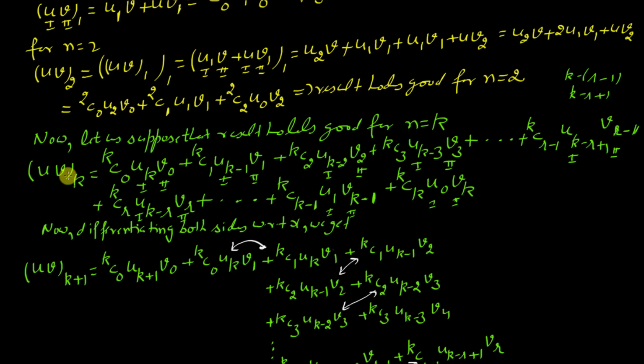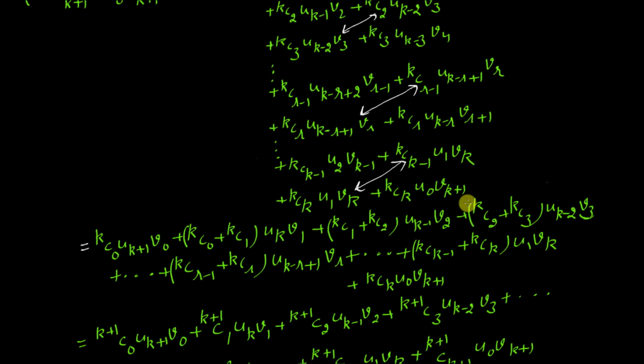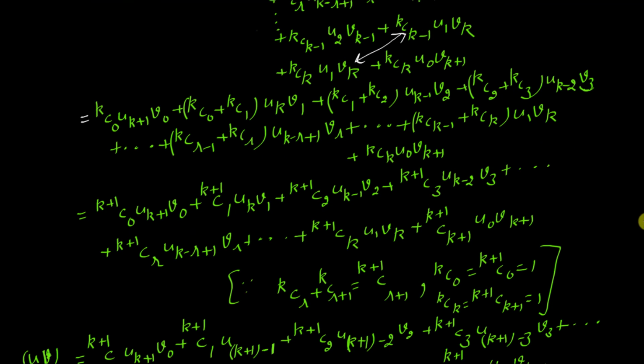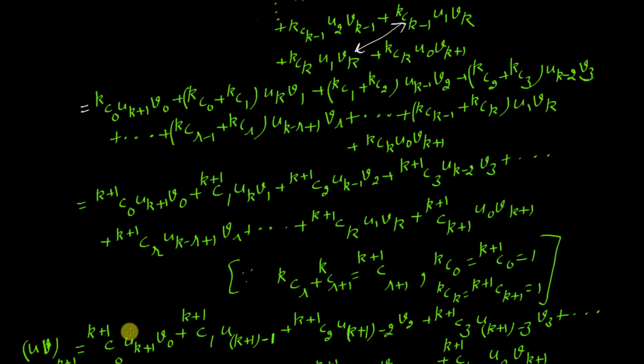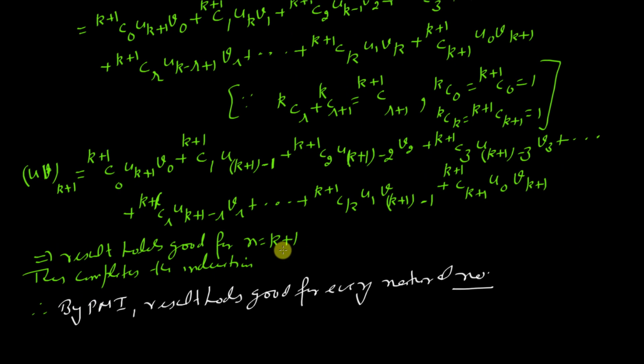Then we differentiated it again with respect to x. Then we collected the terms by applying this result. With these results, we have shown that the result holds good for n is equal to k plus 1 also. So this completes the induction. Then we can say that the result holds good for every natural number.